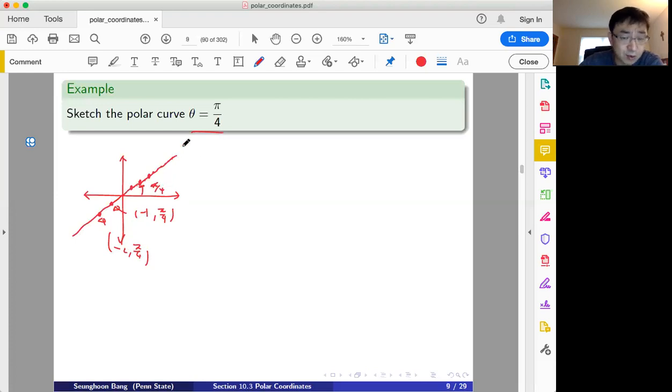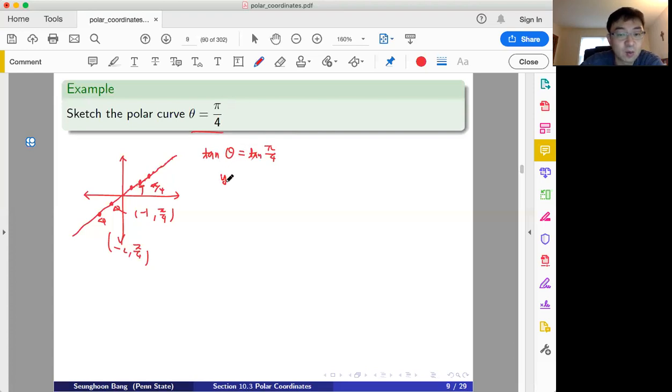One more. I want to change this one to the Cartesian equation. How can we change it? The theta equals pi over 4 is given. You can take the tangent of both sides. What is tangent theta? You are going back to the connection between polar and Cartesian coordinates.